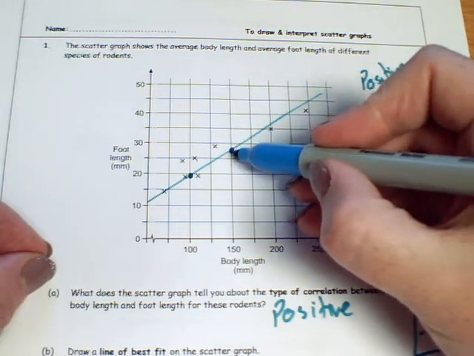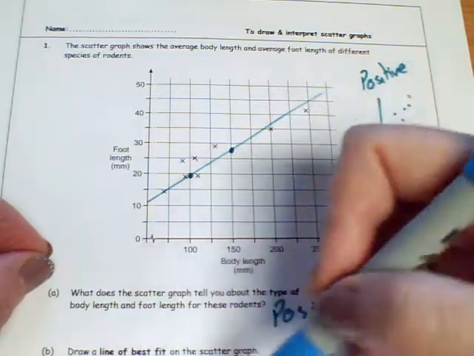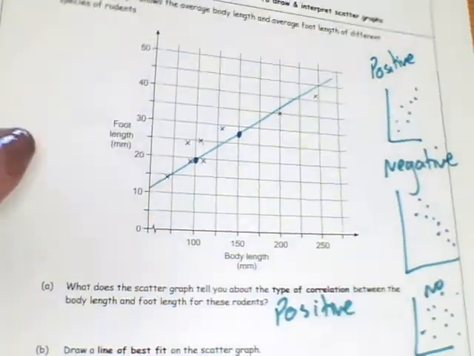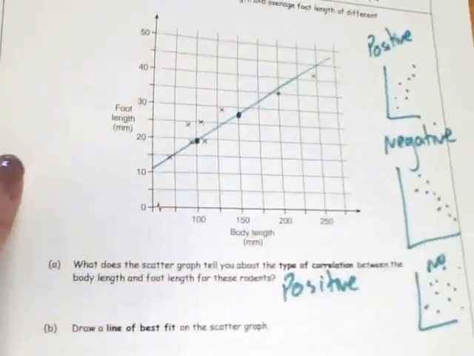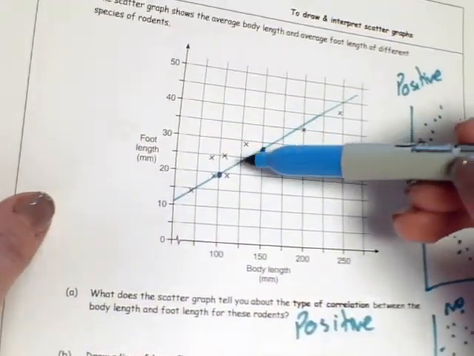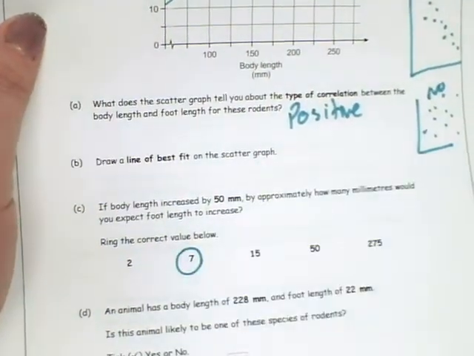It's round about 7, 8, and we've got the option of choosing 7. Roughly between those two dots you're going up by about 7, so we would circle the number 7.